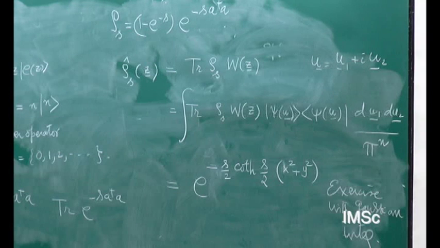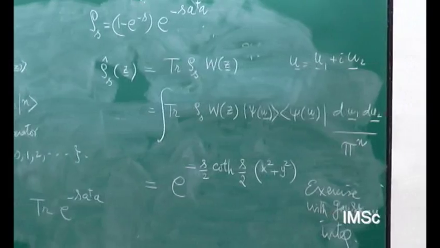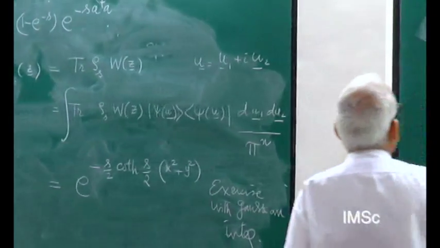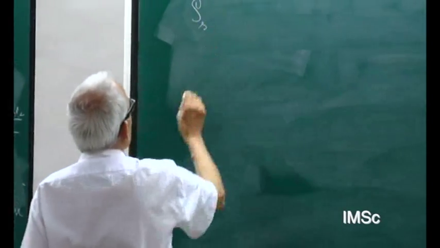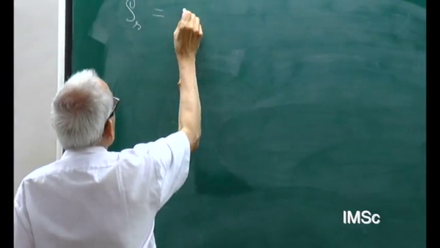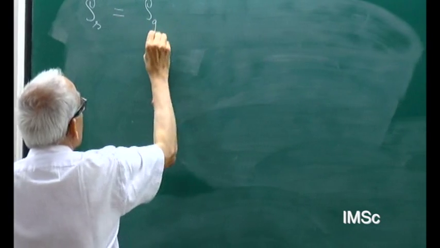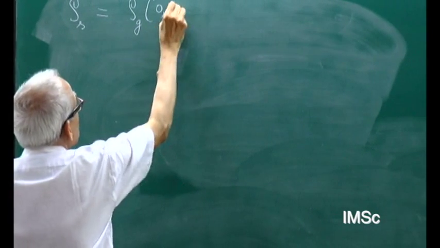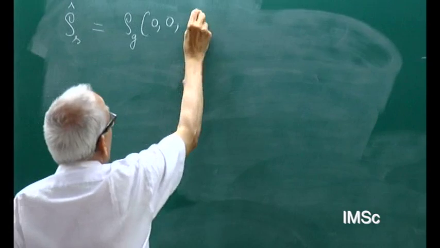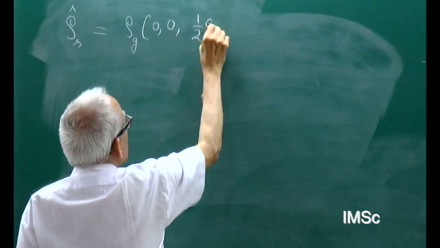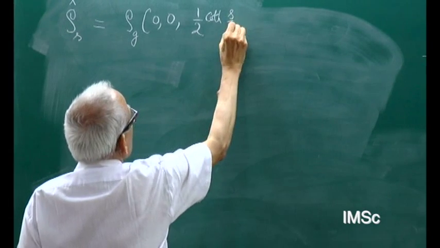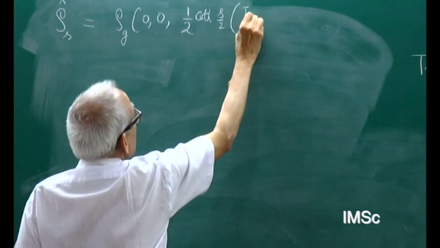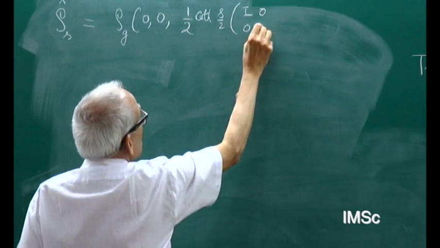So this rho s hat is equal to rho g, 0, 0, half coth (s by 2) into identity, 0, 0, identity.